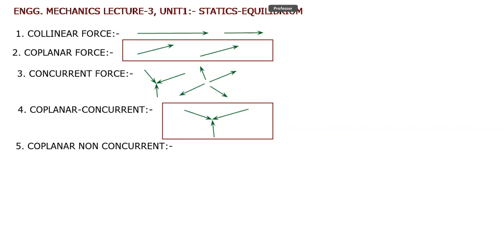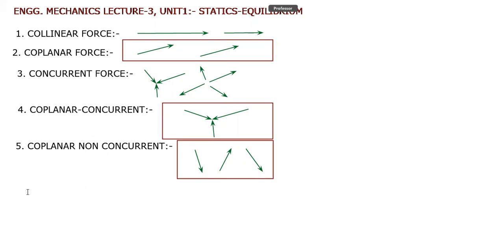So this is the condition here. Now I will draw one diagram so that you will understand. The forces are in the same plane here, but they are not meeting at the same point, or they are not emerging from the same point. So this is now coplanar non-concurrent.